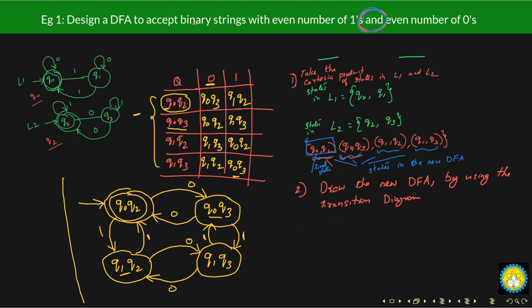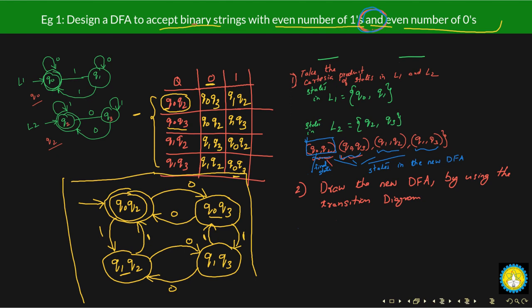This is the design of the DFA which will accept binary strings with an even number of ones and an even number of zeros. So this becomes very easy if you know the procedure for doing the intersection, which is basically an AND operation.